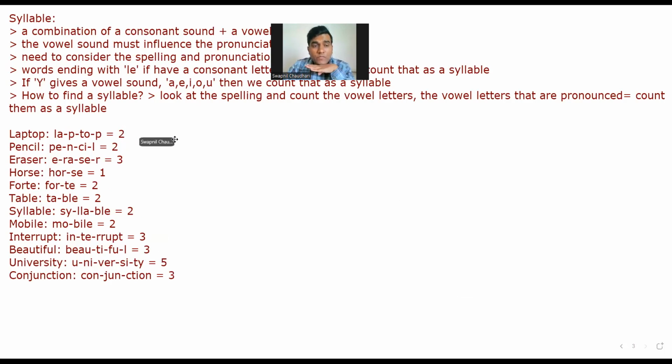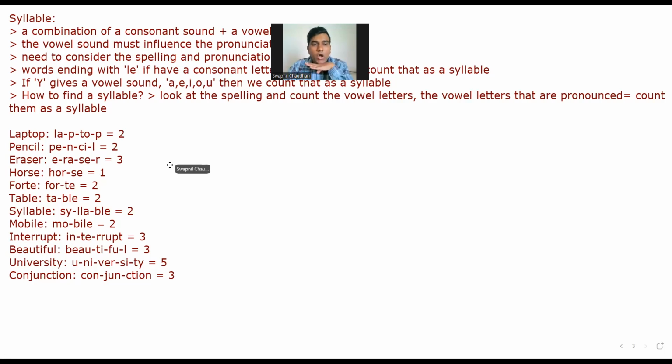Okay, so laptop, our first word, laptop, right? Two. Next word, pencil, pencil. Two. Eraser, eraser, right? Eraser, eraser.